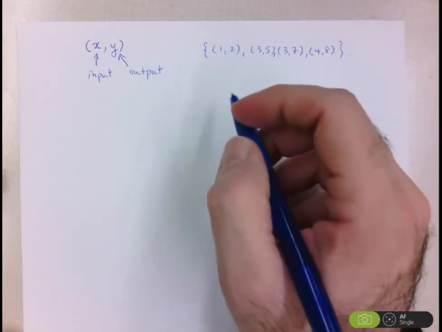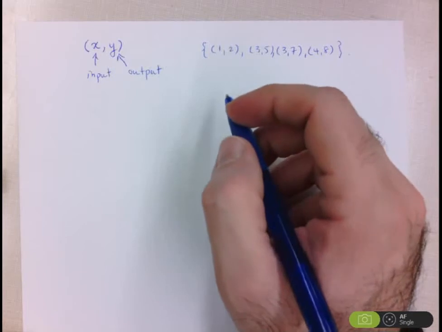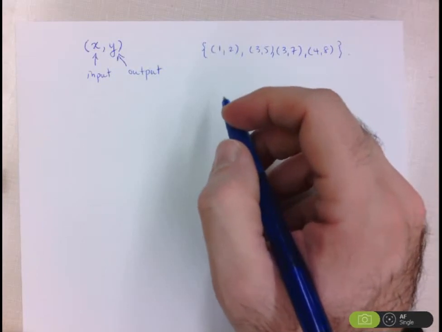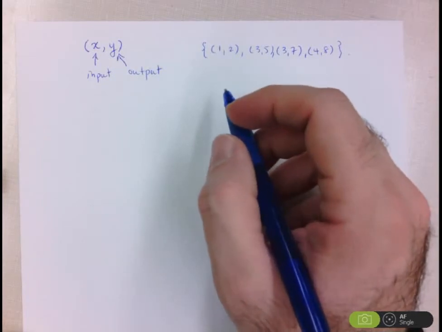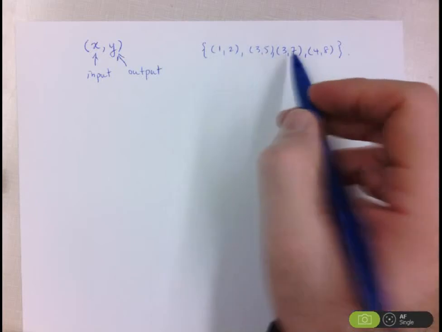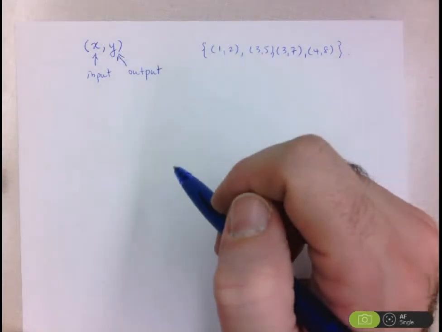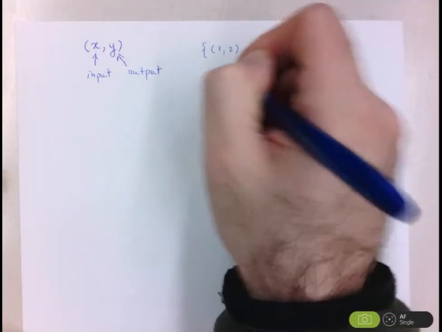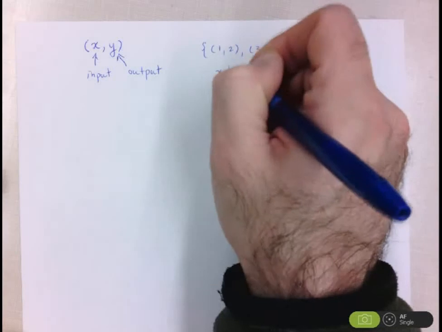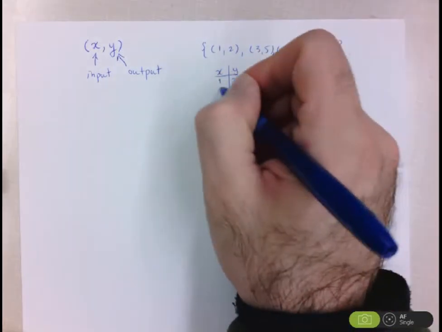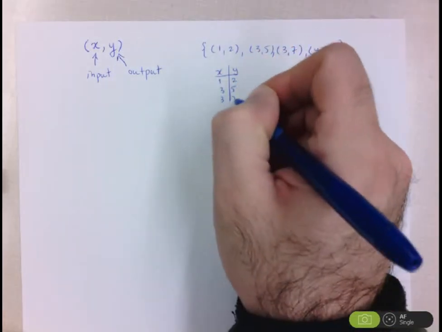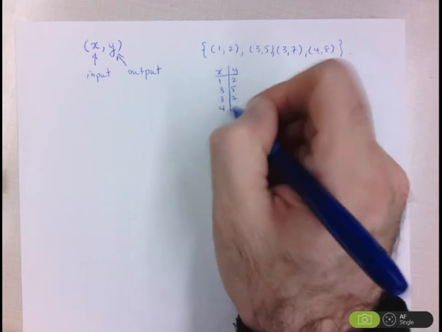So that's one way in which we can represent a relation. We talk about representations of relations, and one of them is to just list the ordered pairs that are part of the relation. Another way of writing this out could be in a table of values: (1, 2), (3, 5), (3, 7), and (4, 8).